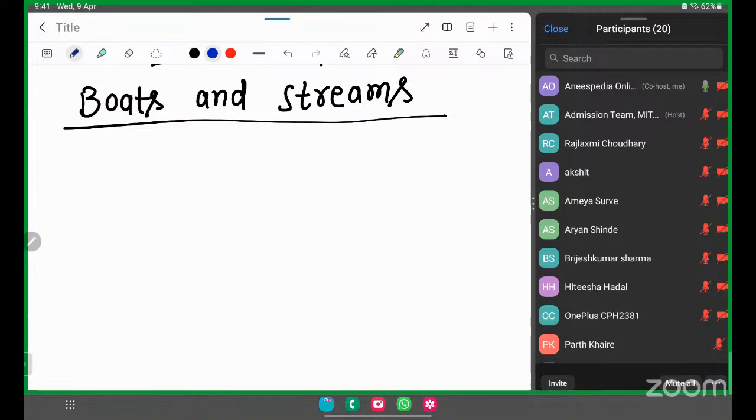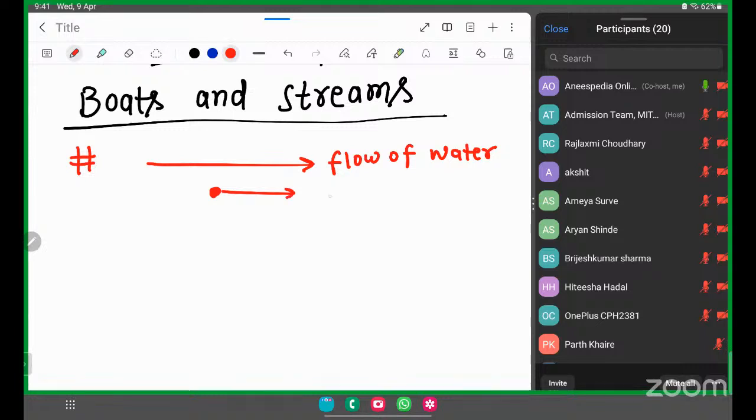Point number 1, if any object is going along with the stream, we call it as downstream. So if flow of water is in this direction, and object is also moving in the same direction, then we call it as downstream.